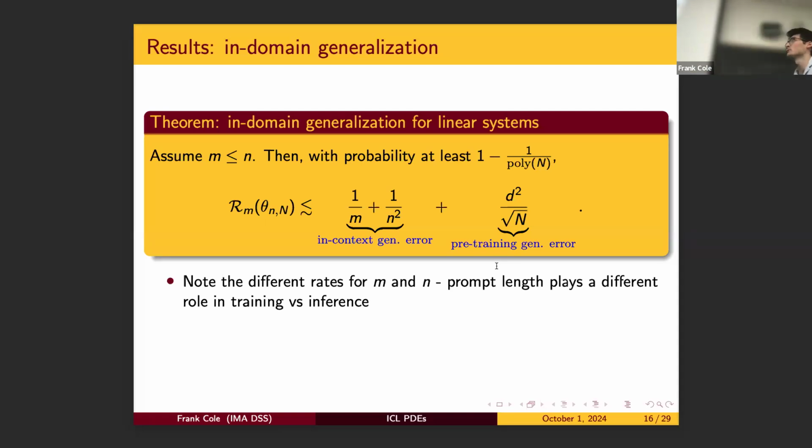For in-context learning, it's a good question because you consider the lower bounds for each of these two terms separately. I think there's one paper that does this. They consider minimax lower bounds for in-context learning, both for in-context generalization error and pre-training generalization error, but I haven't read their paper in depth. I think they're probably the only ones to do that for this in-context learning setting.